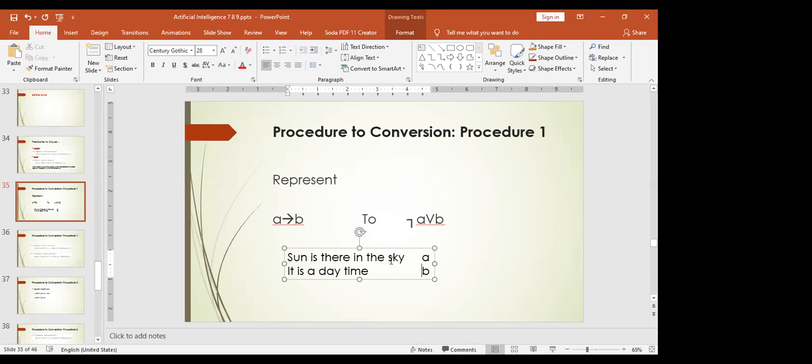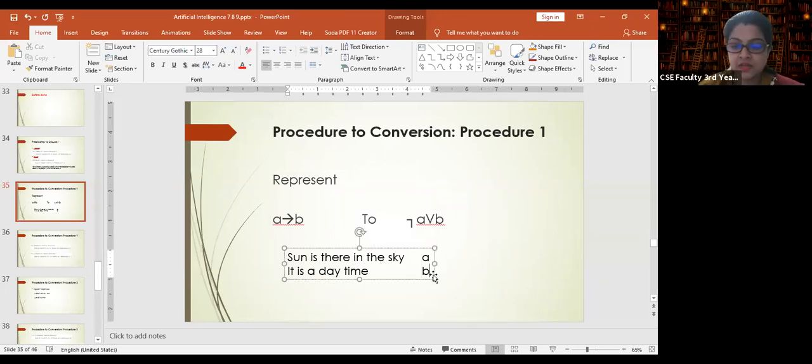So from these two facts, we can write A implication B. From these two facts given, we can easily write that A implies B. Now, can we write A or B?